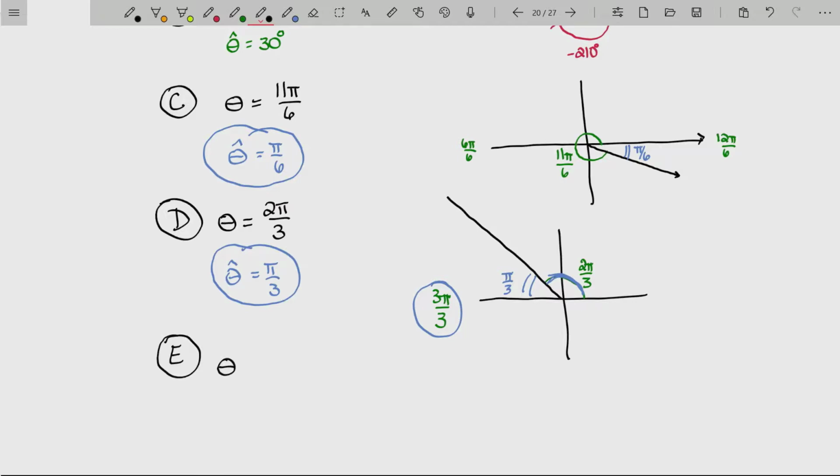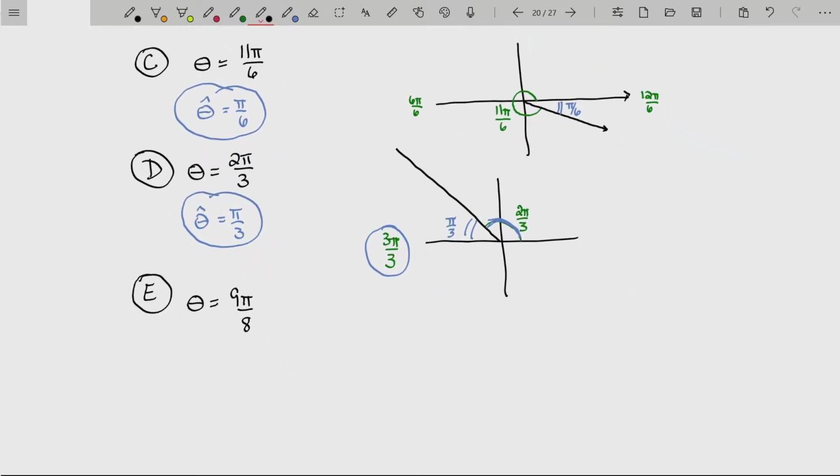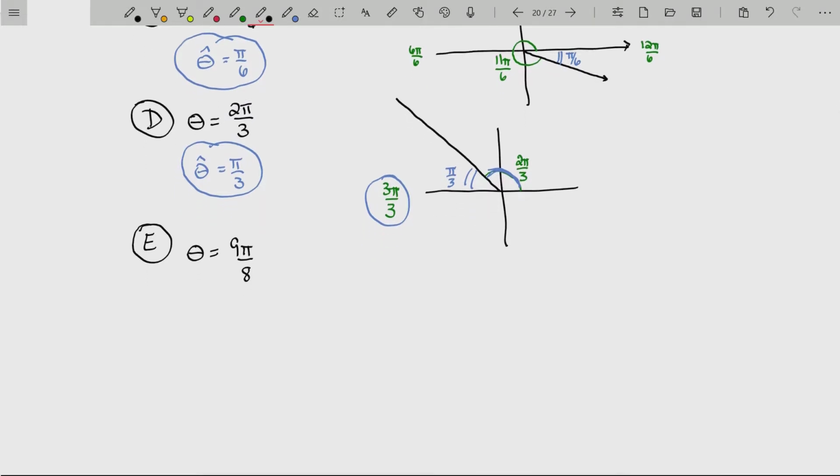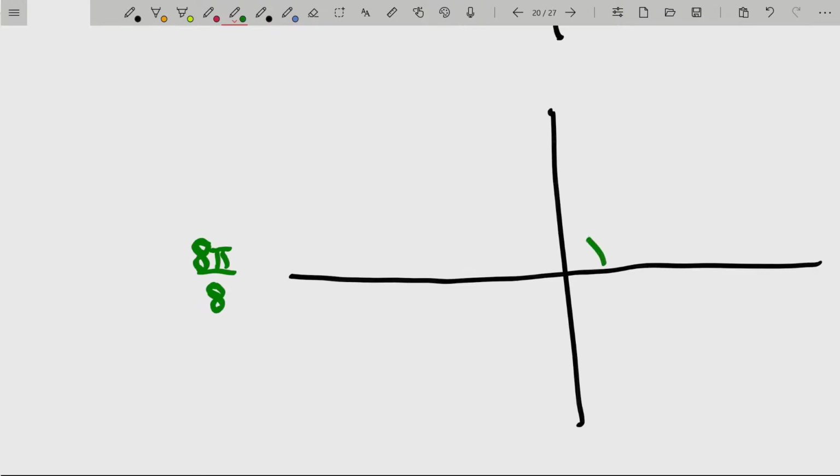I'm going to give you one last one. This is not a special angle. 9 pi over 8. I love these styles of angles to give on exams. So you decide, okay, I'm going to graph that. 9 pi over 8. I'll open up an angle all the way to 8 pi over 8. Here's 8 pi over 8. It's rotating over to 8 pi over 8 plus some more.